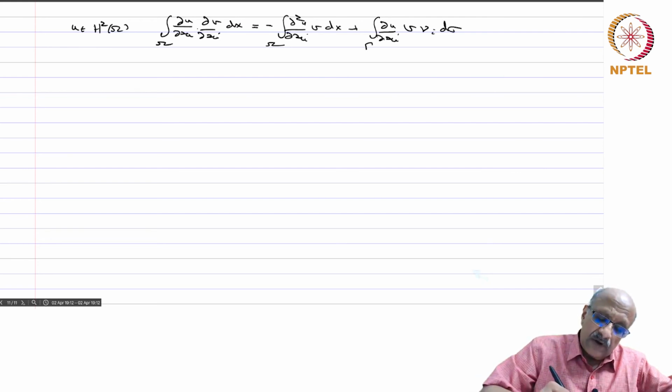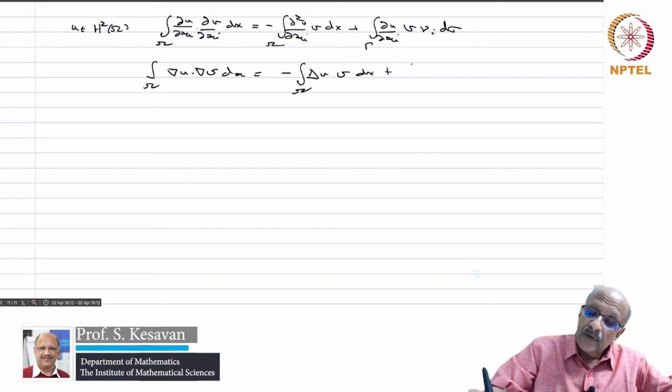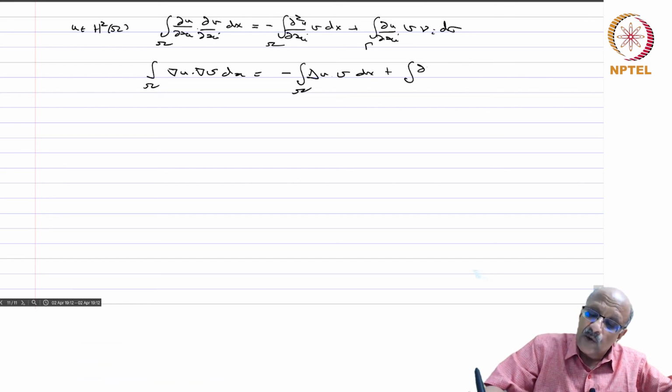Now if you sum over i, you will get the integral on Omega of grad u dot grad v dx equals minus the integral on Omega of Laplacian of u times v dx plus the integral on gamma of du/dx_i nu_i, which is precisely du/d nu, times v d sigma.